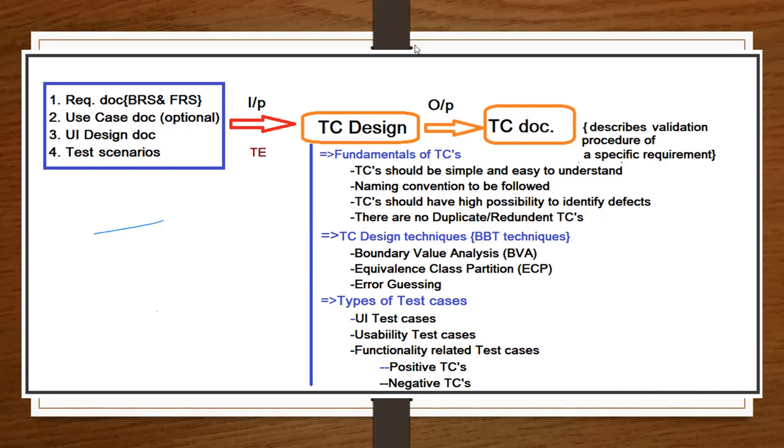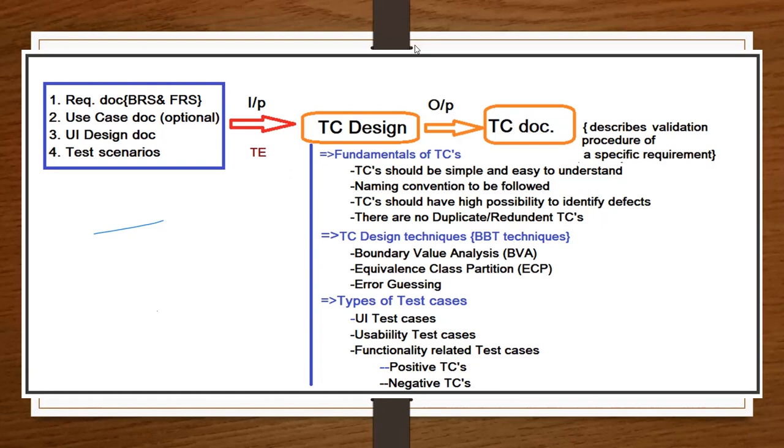After that, again based on the validation and functionality, we have two types of test cases we have to derive. One is called positive test cases. The second one is negative test cases.